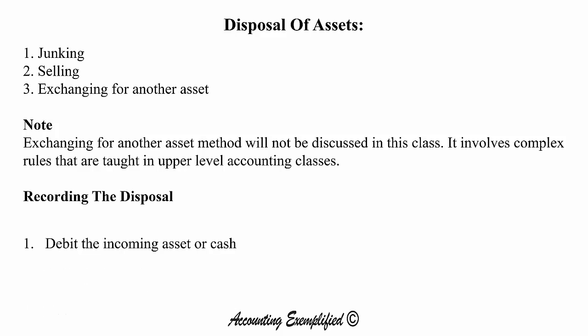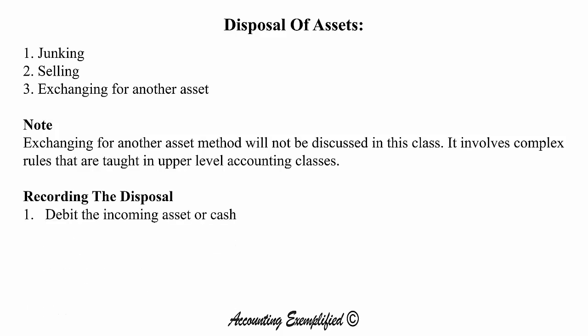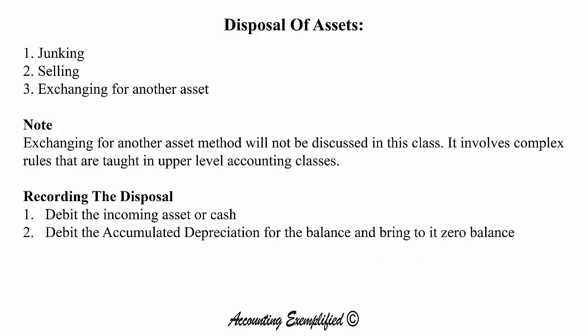Now recording the disposal. When the asset is disposed, first you should debit the incoming asset or the cash. If the company is selling the machine for cash, then you have to debit the cash account. And then you have to debit the accumulated depreciation for this asset and bring it to zero balance.